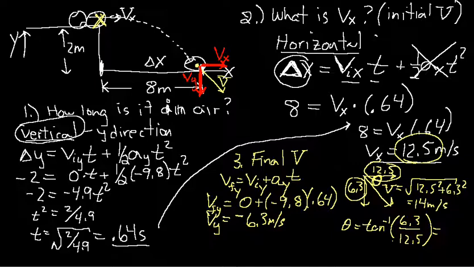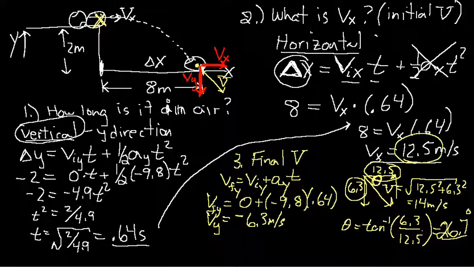Inverse tangent of 6.3 divided by 12.5. That's 26.7 degrees. So this is 26.7 degrees. Because we want this velocity in the y. Yep, that's right. We want the opposite over the adjacent for the tangent of this angle.